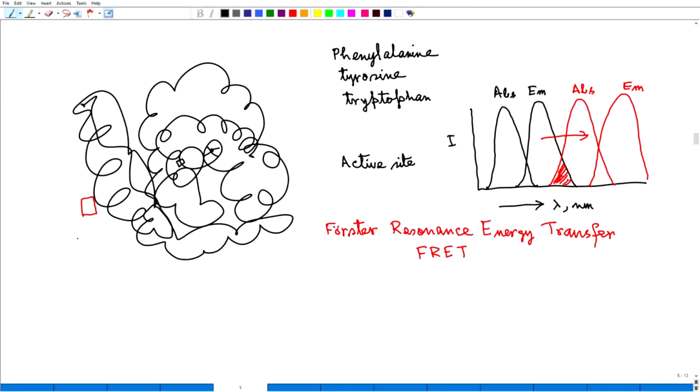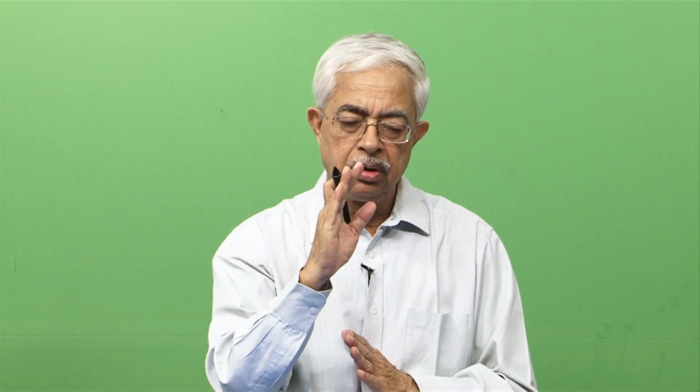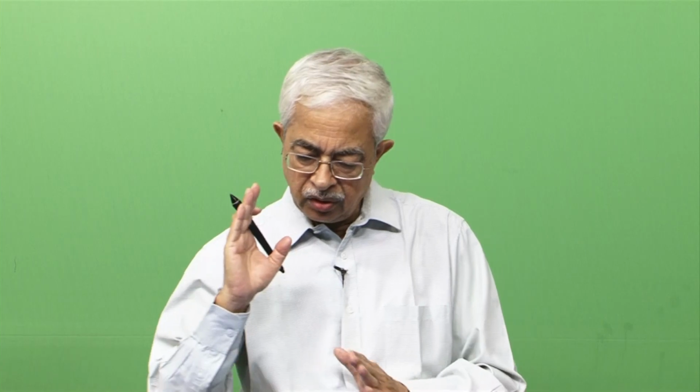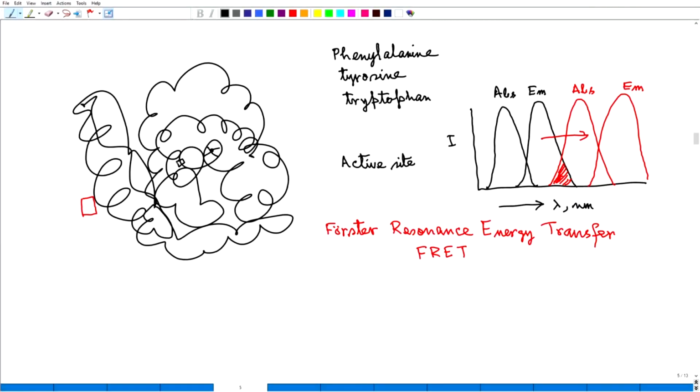So, what I will do is put a mutation and put a fluorophore here, a fluorophore we supplied. Which fluorophore will I supply? This fluorophore's absorption spectrum will coincide or have some overlap with the absorption spectrum of this tryptophan.